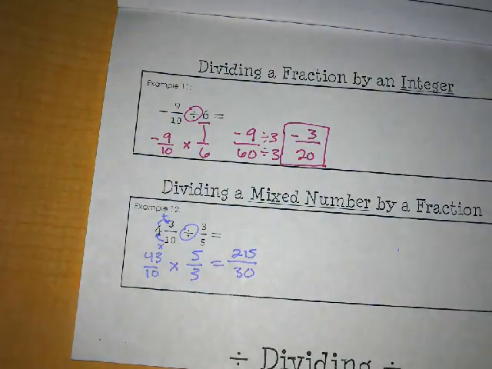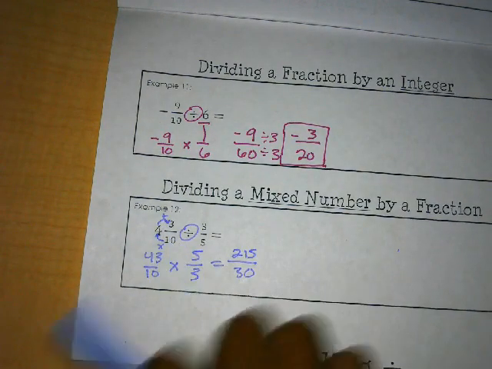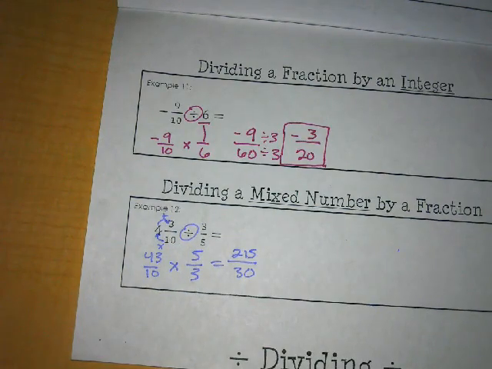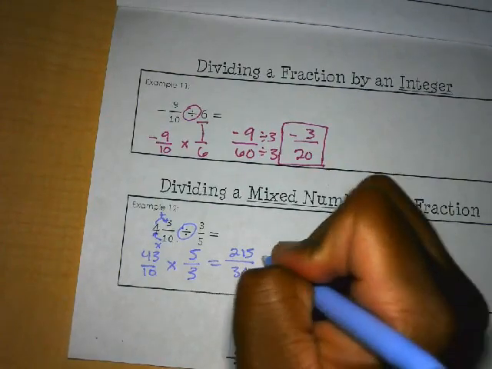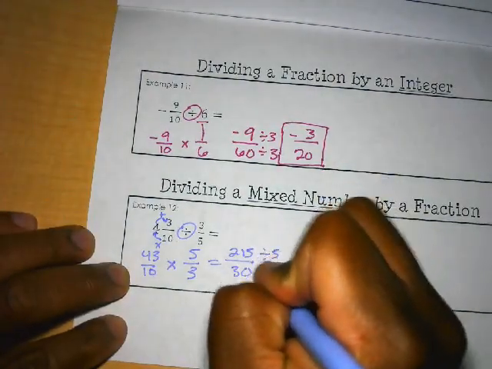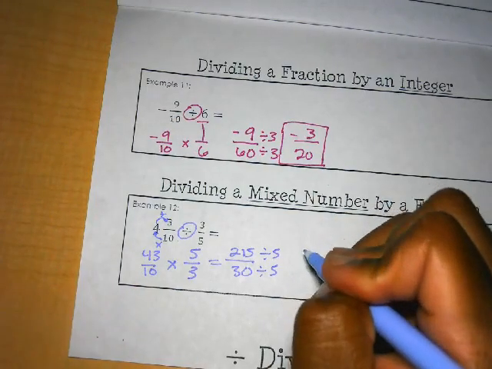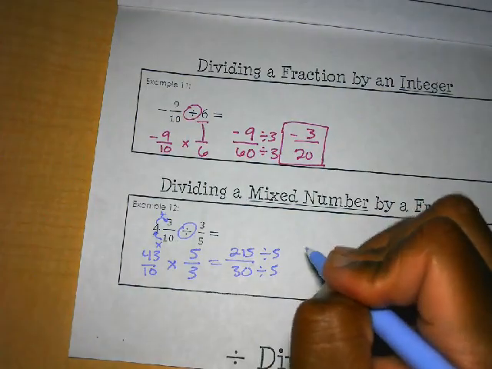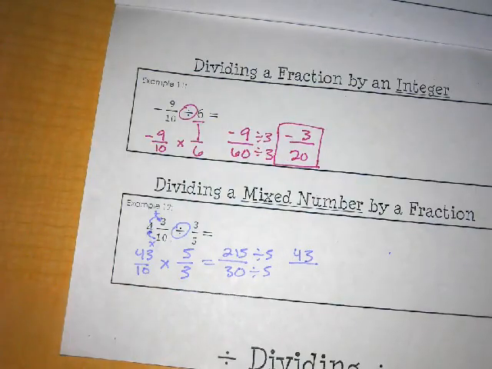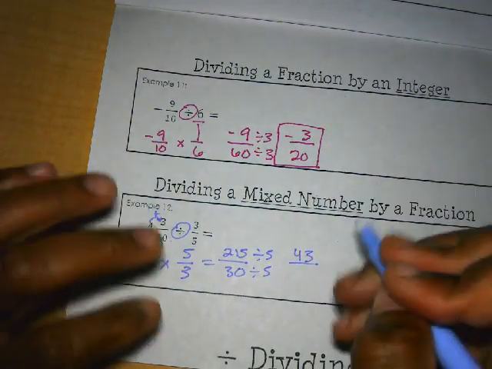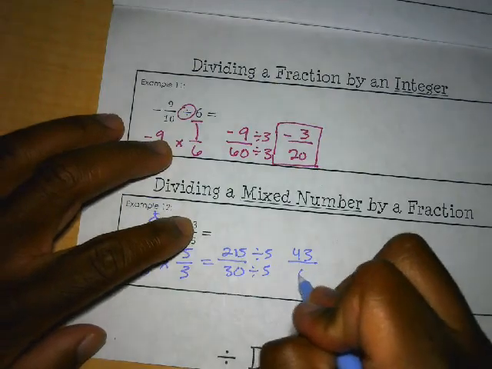So I know right off that I can divide 215 by 5. Okay, I can take this and divide by 5. And so that gives me, when I use the calculator, 43. Use the calculator to make it quicker. Then we have 30 divided by 5, and that gives me 6.